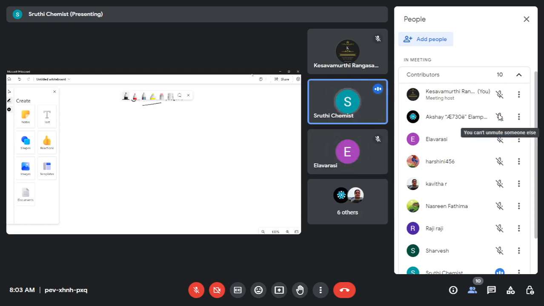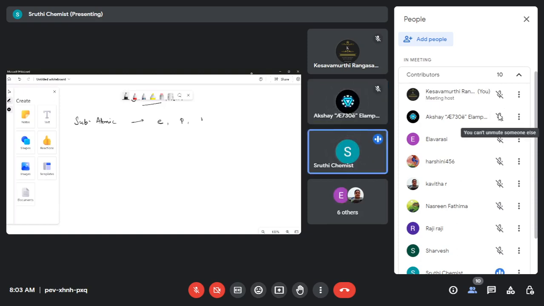In the structure of atom, we know the atom is spherical in shape, right? And what are all the subatomic particles? Electrons, protons, and neutrons. What is the charge of the electron? Negative charge, ma'am. Very good.